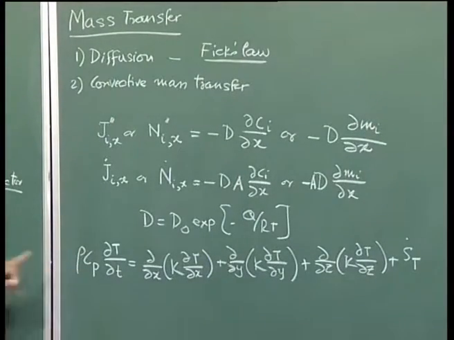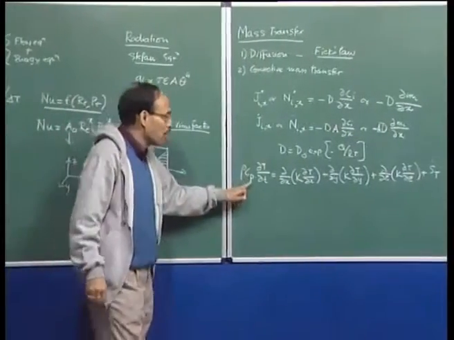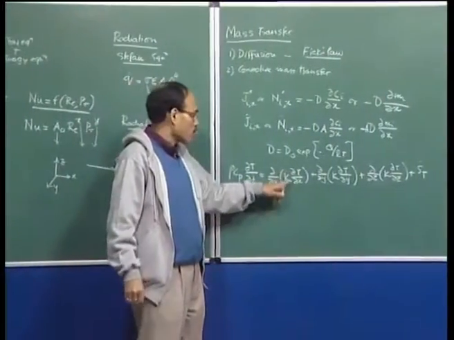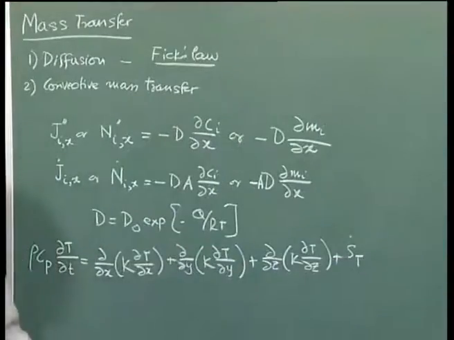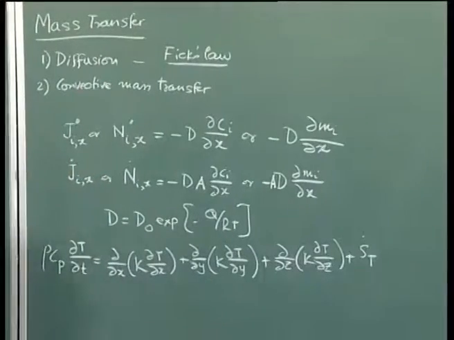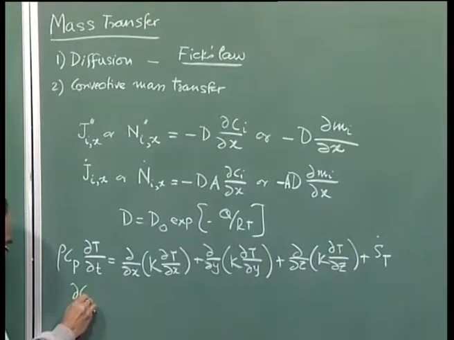The energy balance within a solid object, unsteady state: the net rate of accumulation of heat is equal to the net flux of heat in the x, y and z directions due to conduction plus the net rate of heat generation. There is a one-to-one similarity now, and I can say that the corresponding mass equation could be written similarly.